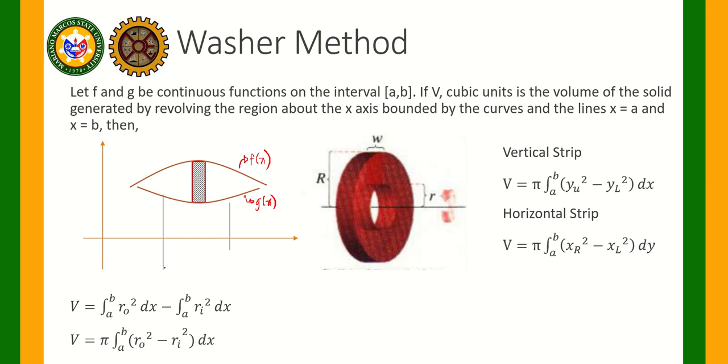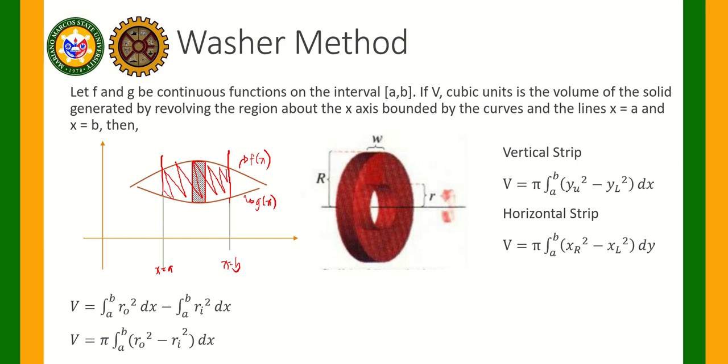Okay, of course, this is x equal to a and x equal to b. This is extended until here, up until here. Okay. So, yung volume or yung area, this one.